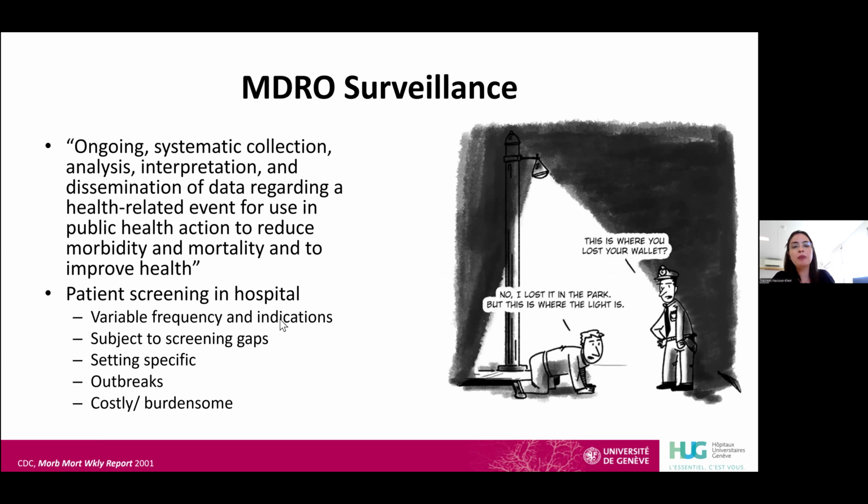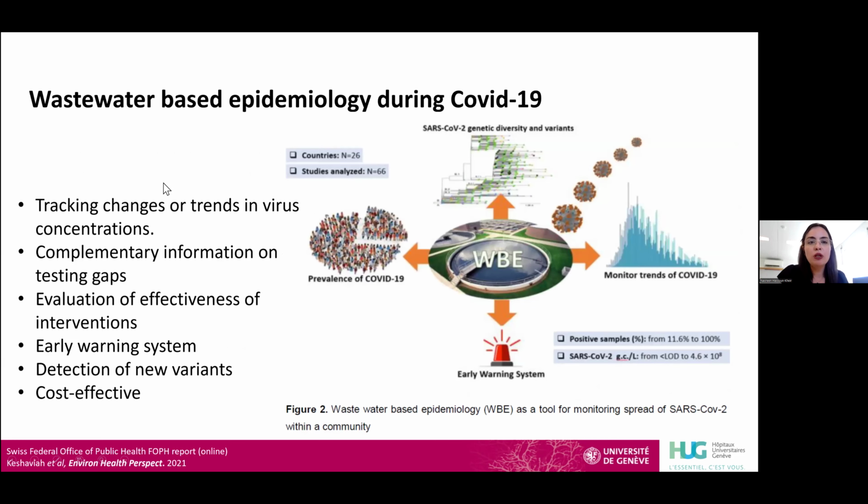And this patient screening is usually very variable in different settings. Some settings screen on admission, on discharge, weekly screening, different departments, different high-risk groups, lots of screening gaps, and it's costly and burdensome. So can we use surveillance in other targets?